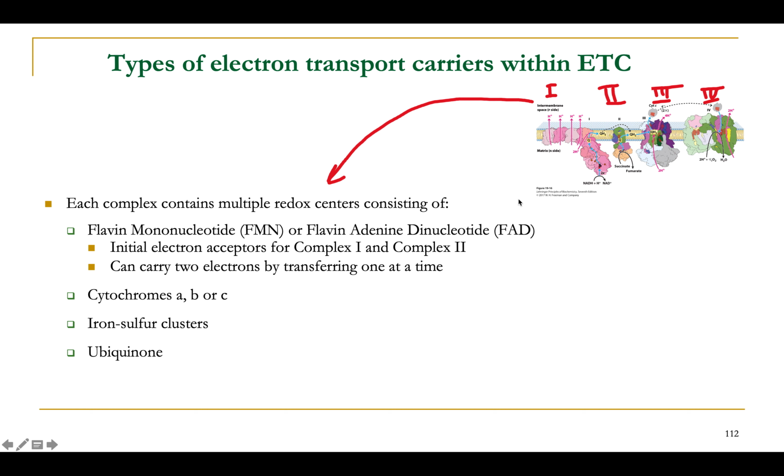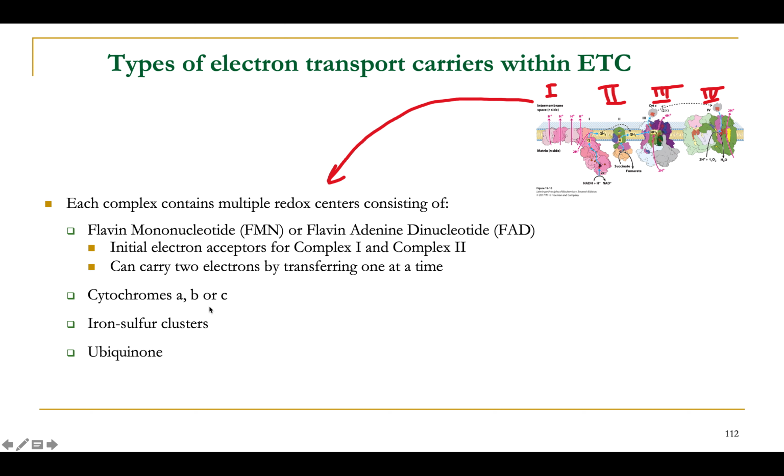Some of these we already touched upon in the previous slides, but altogether they can be classified into 4 categories. First category is flavin-based electron carriers, or flavoproteins, that represent the lowest affinity electron carriers and are present within complex 1 and 2.